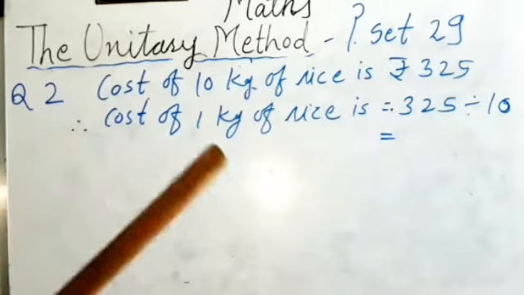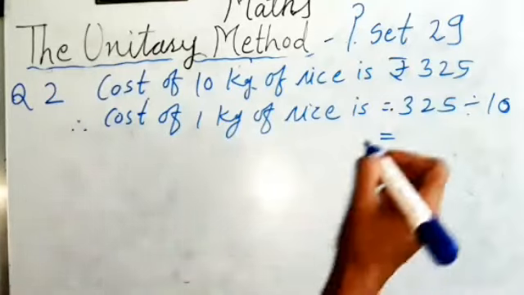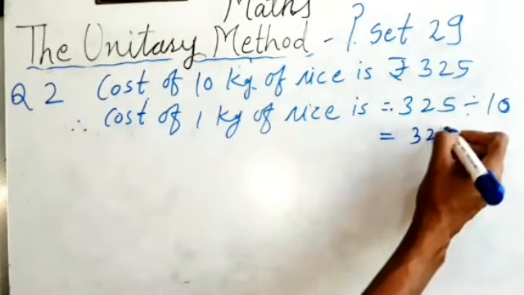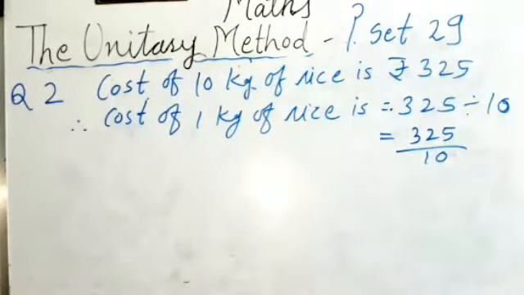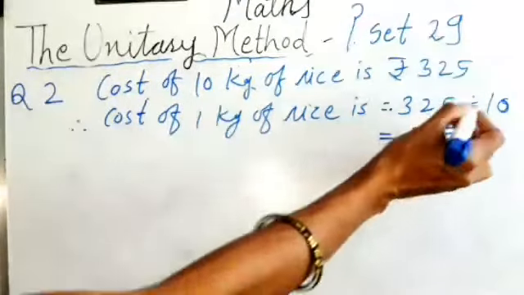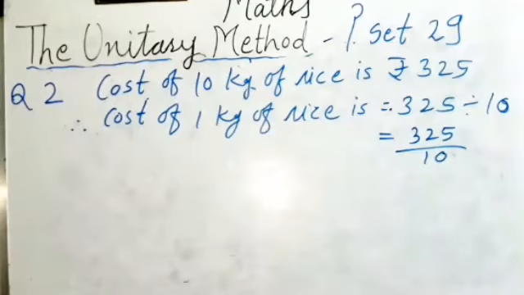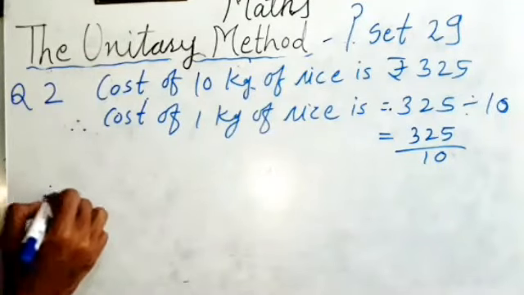If the number is not totally divisible, then I told you just write it in the form of a fraction and leave it. Then do the next step.